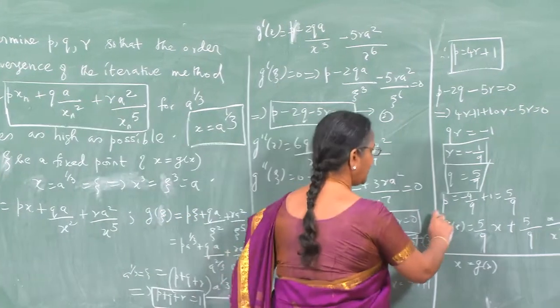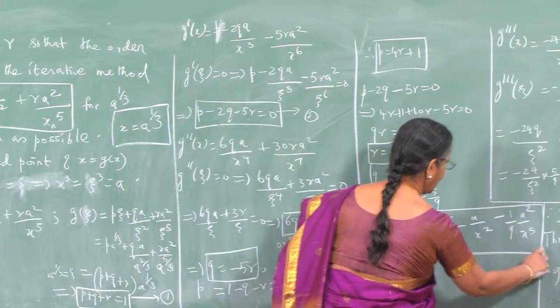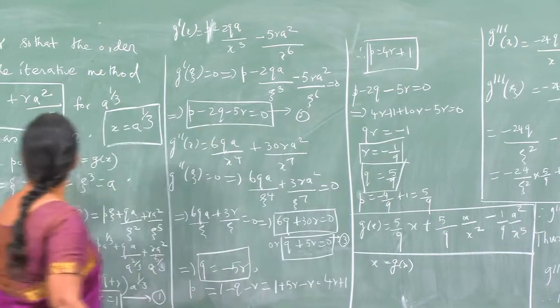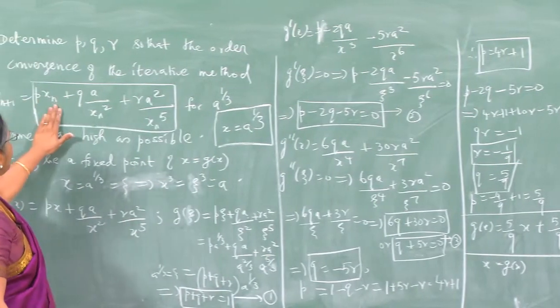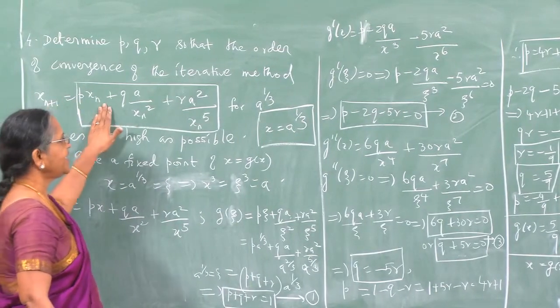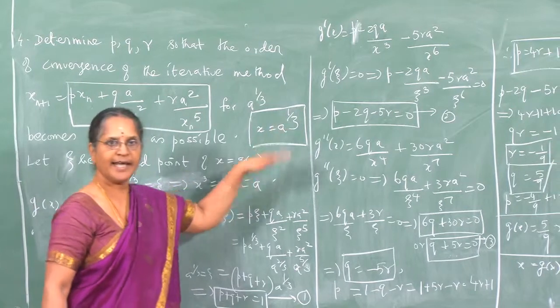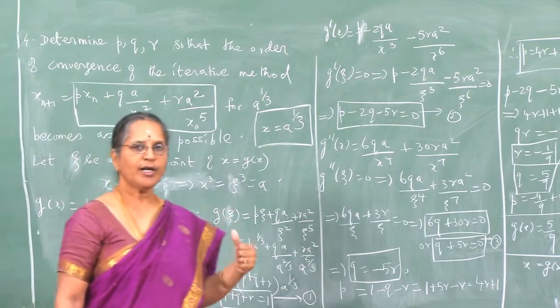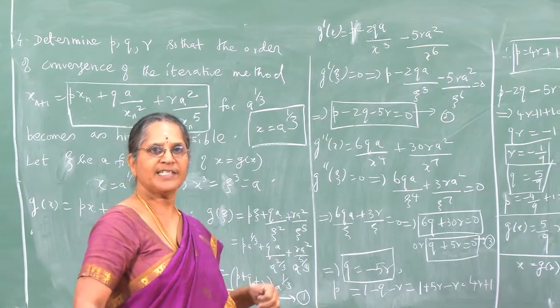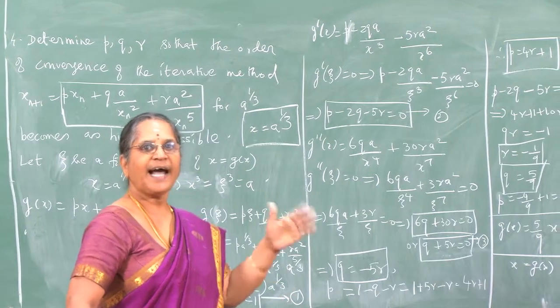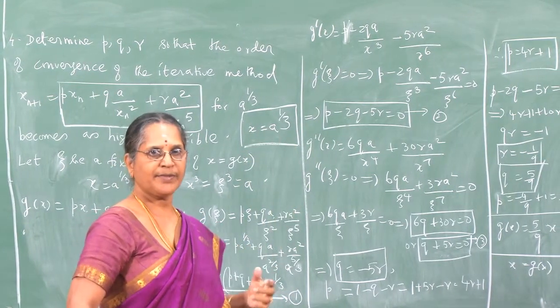So, you have determined p, q, r such that you have now an iterative method for obtaining the cube root of a number a. What do we want? We want the order of convergence of this method to be as high as possible.